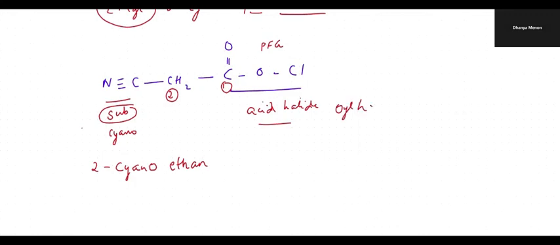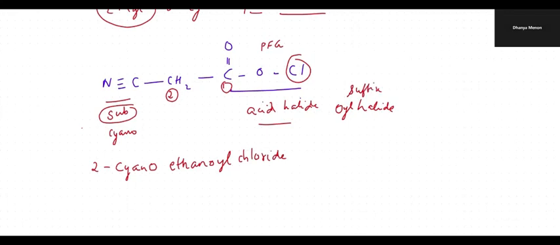Okay, so ethane, oyl. What is the halide over here? It is chloride. So ethanoyl chloride. So oyl halide is the suffix that we use for what? For acid halide.